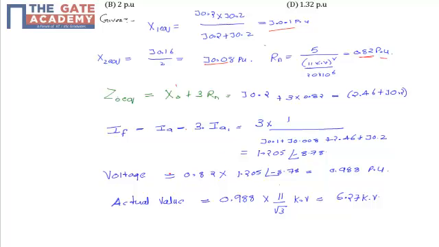Then Z0 equivalent is x0 plus 3 Rn. The zero sequence reactance is given as j0.2, plus 3 into Rn, 0.82 per unit. After solving, we get Z0 equivalent as 2.46 plus j0.2.